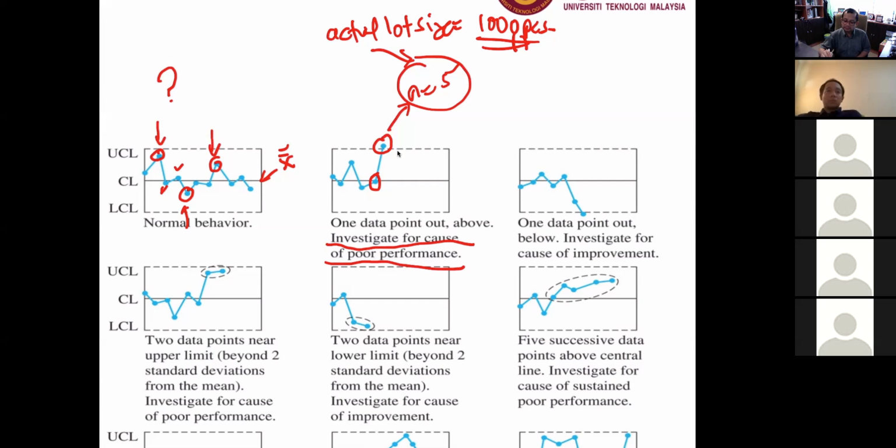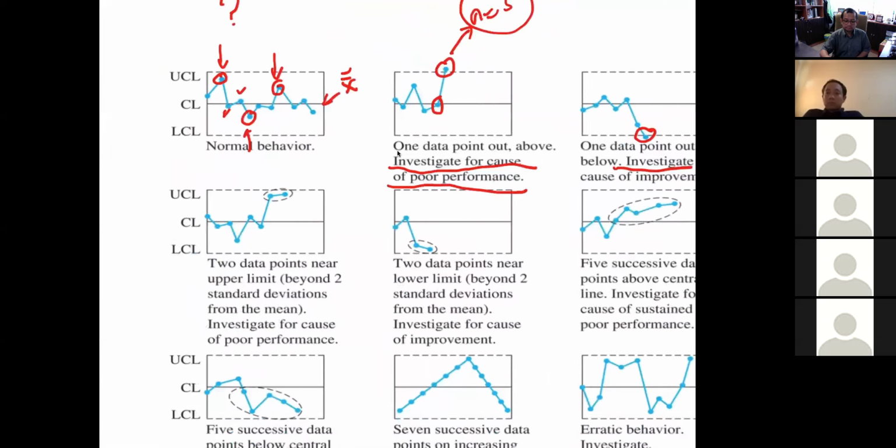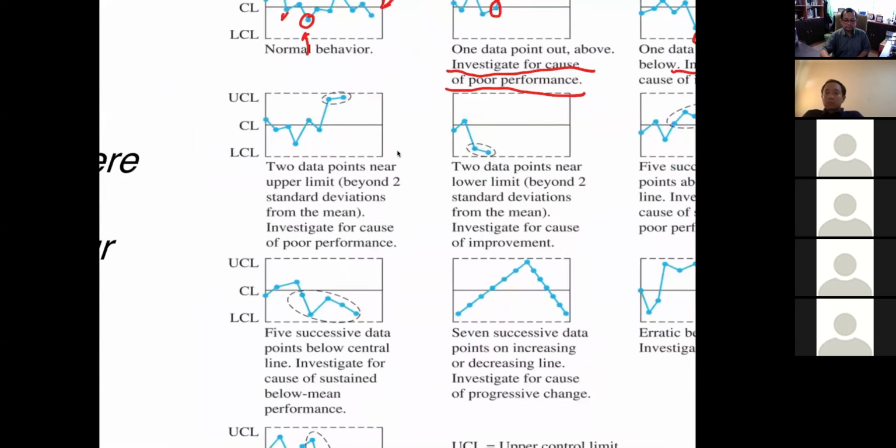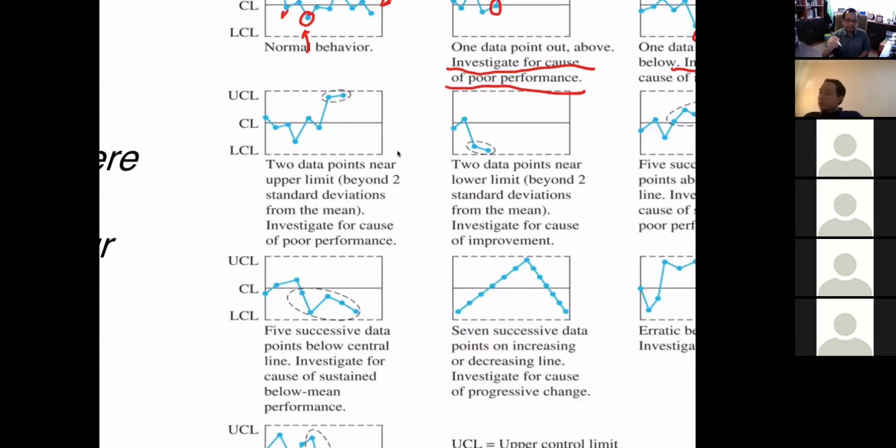And this one is also out. You have to investigate as well. And this is also interesting. 2 points close to the upper limit. It's still accepted, it's still not rejected, but it's close. So you have to investigate as well.